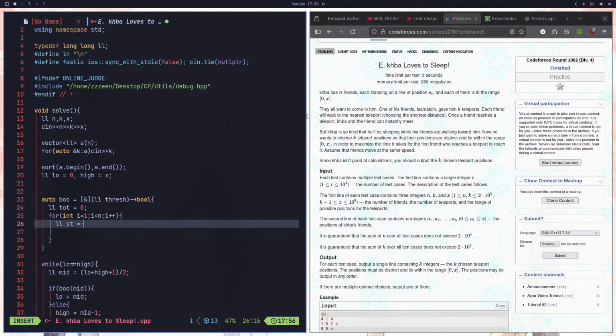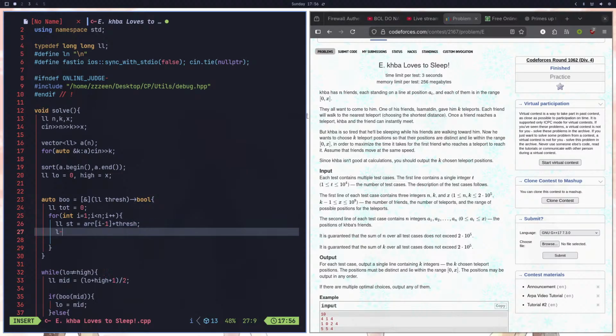Start equal to array of i -1 plus thresh, and then end equal to array of i minus thresh. जैसे मान के चल 3 है तो 2 है.